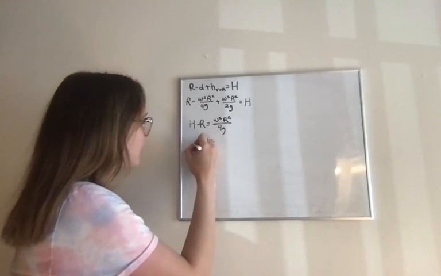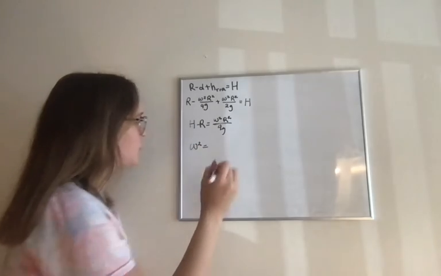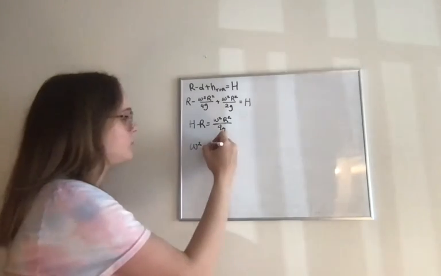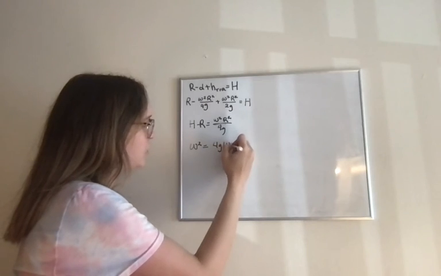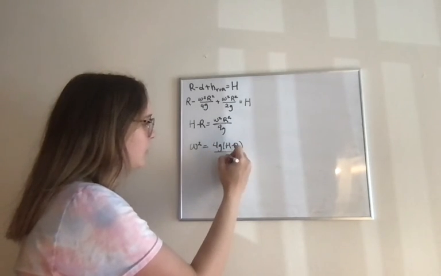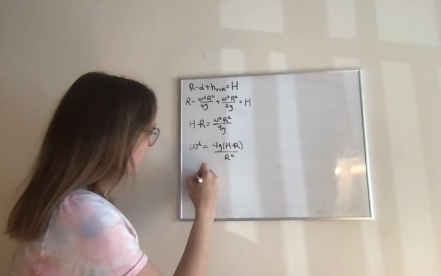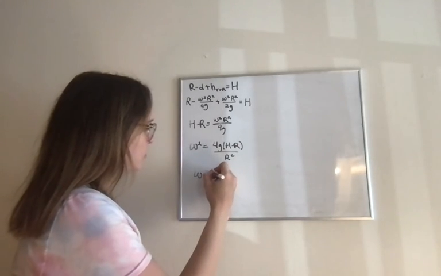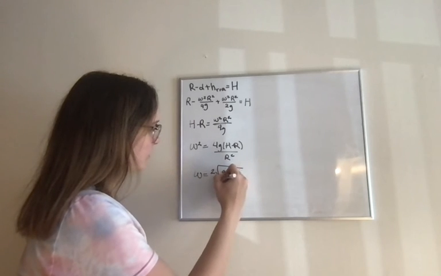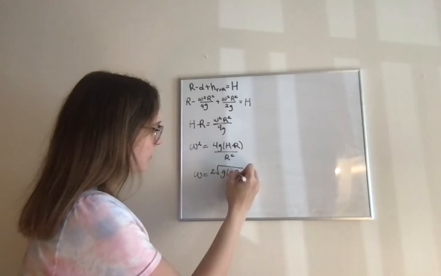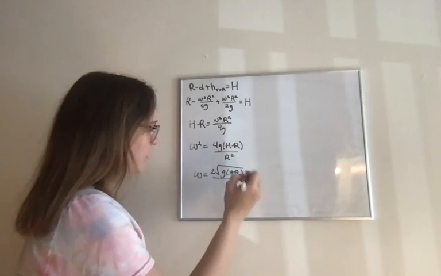So we're going to end up with omega squared is equal to 4g times H minus R, all of that over r squared, and then we're going to take the square root, and we end up with omega is equal to 2 square root of g times H minus R, all over r.